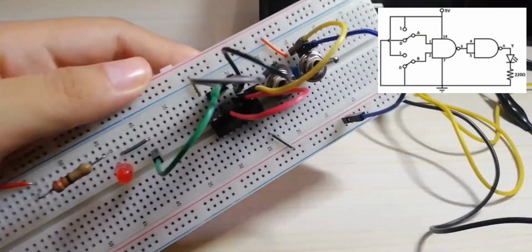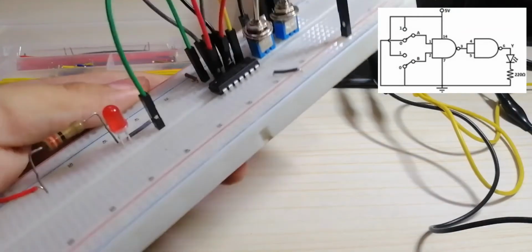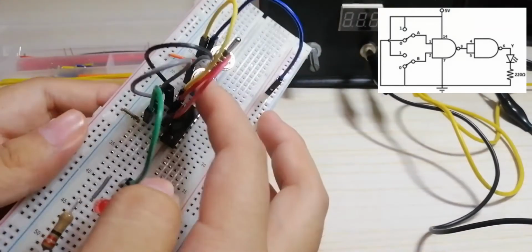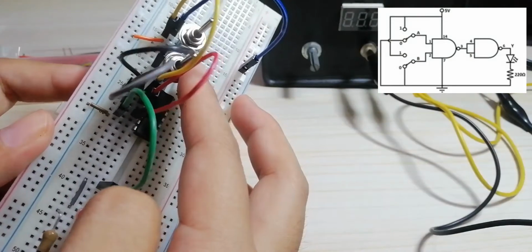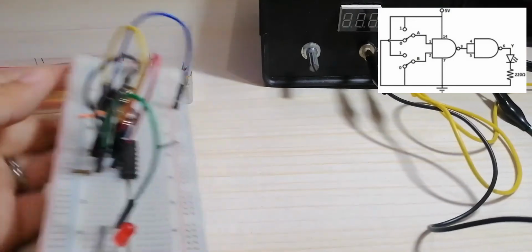So that's the switch. Here in the second switch, I need to connect this also to the negative and to the positive side of our breadboard.